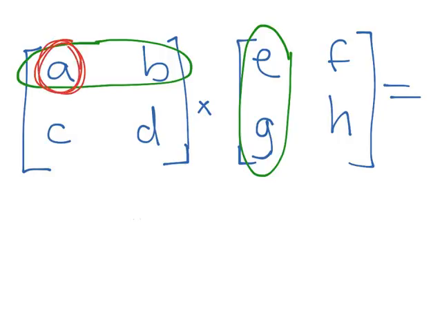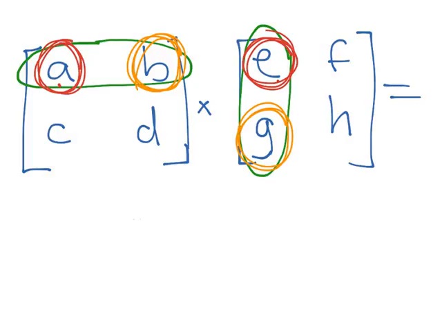We multiply the first element of the row with the first element of the column, and then we multiply the second element of the row times the second element of the column, and we add their products. To make it more visual, we will put it right here.